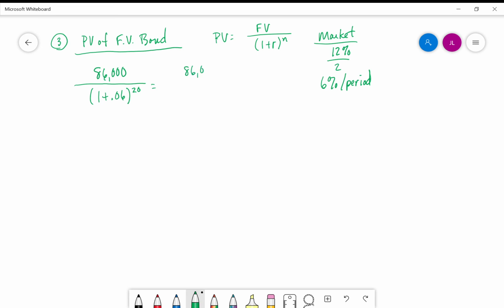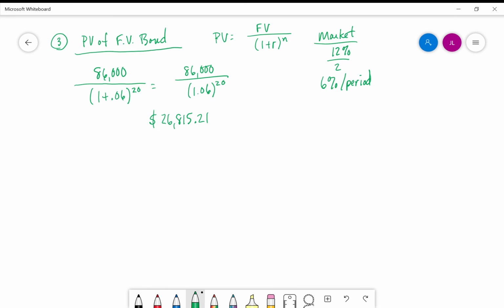So we're going to have 86,000 divided by 1.06 to the 20th power. And if we calculate this out, what we will get here is $26,815.21.